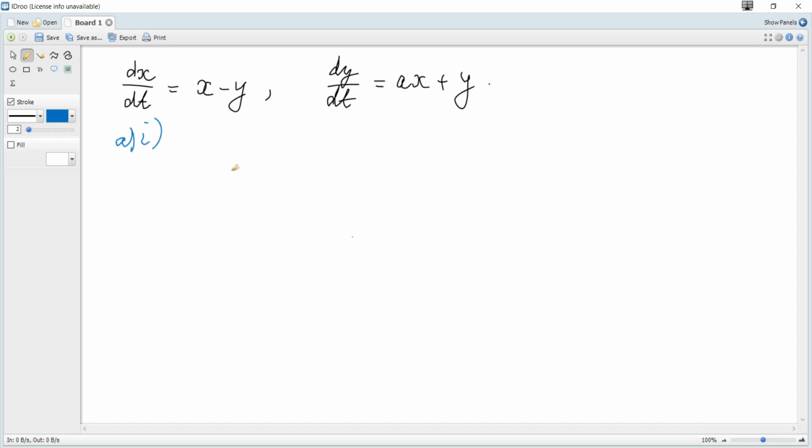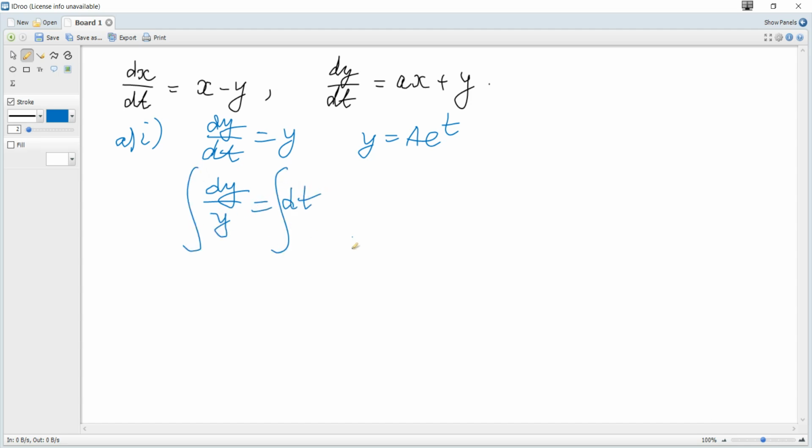3 marks. By solving the differential equation dy/dt = y, show that y = A e^t, where A is a constant. We can integrate it by separating variables, so it becomes dy/y = dt.